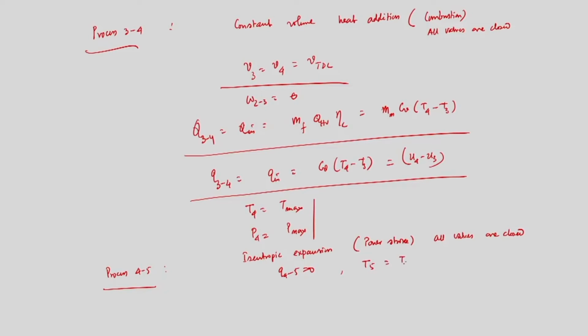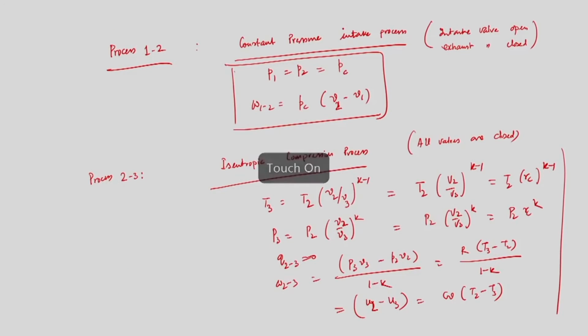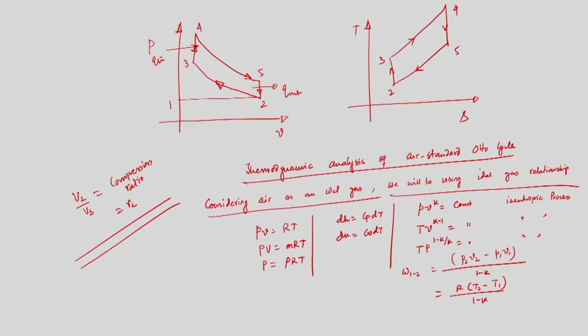T5 is equal to T4 times (V4 by V5) to the power k minus 1. If we go back and see, V4 is equal to V3 and V5 is equal to V2.